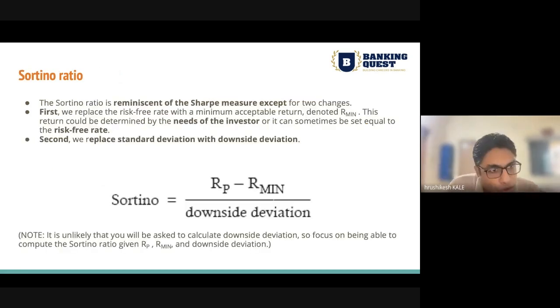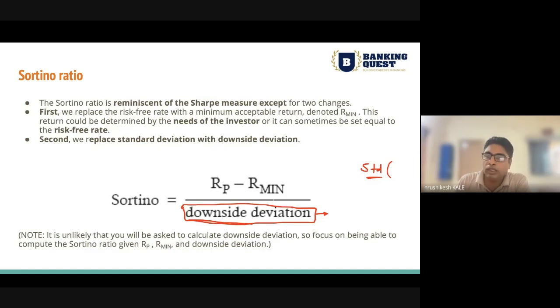The last thing is Sortino ratio. Sortino ratio is similar to Sharpe ratio. Only the thing is, rather than taking complete deviation, we just take downside deviation. What does that mean? We only take the standard deviation of the values wherein you have negative returns and not positive returns. That is called downside deviation.